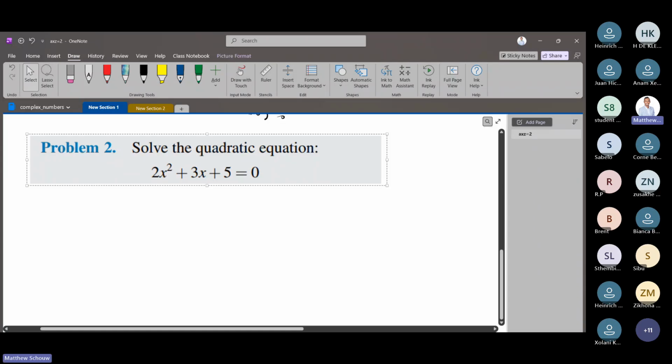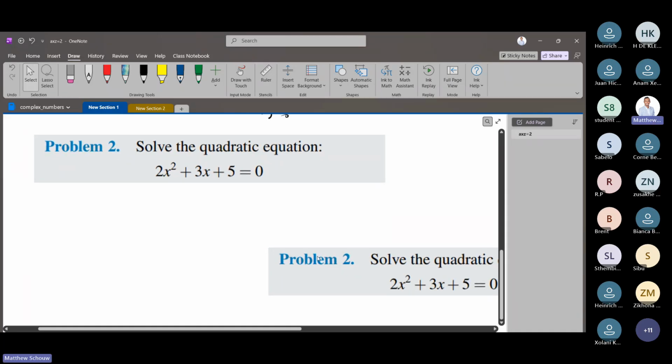Guys, there's no point in joining the session if you're not going to participate and solve problems. I'm just saying. Okay, cool. Let me just quickly see what it looks like. Is it plus 3x? Is everyone complete with the problem?